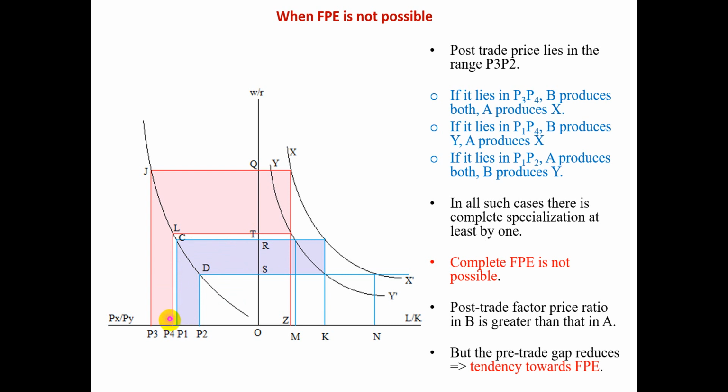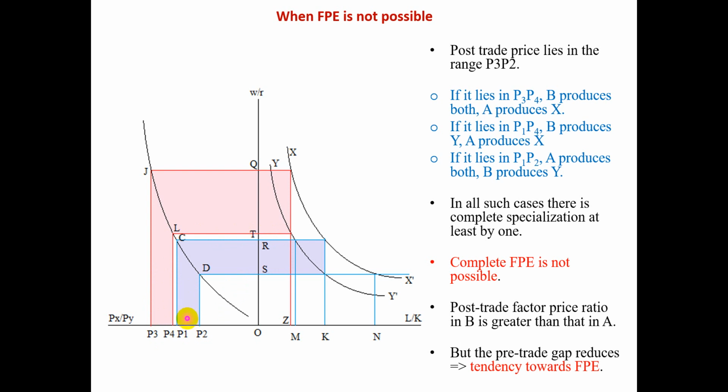But then B will be producing only Y because its zone ends here. So it will be producing only Y. So here you do not have incomplete specialization in both. And here also you do not have incomplete specialization in both.